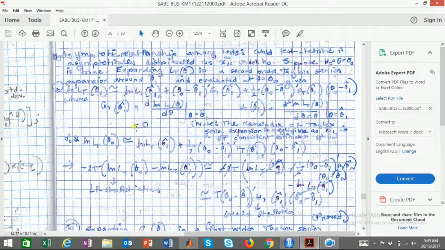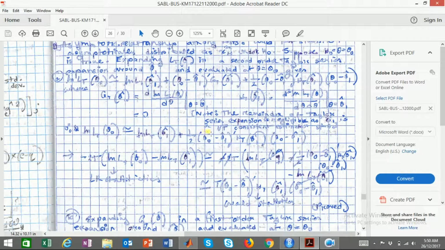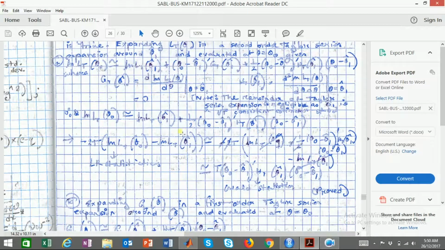Indeed, the remainder of the Taylor series expansion is negligible as theta 1 is a consistent estimator of theta. Now let's look into the Hessian part. The log likelihood at theta naught equals that at theta 1 without the gradient, because the gradient turns to 0. So we are left with the Hessian part, and when we take the difference for the likelihood ratio test, we are left with T times theta naught minus theta 1 multiplied to the Hessian multiplied to theta naught minus theta 1, which is the Wald statistic.